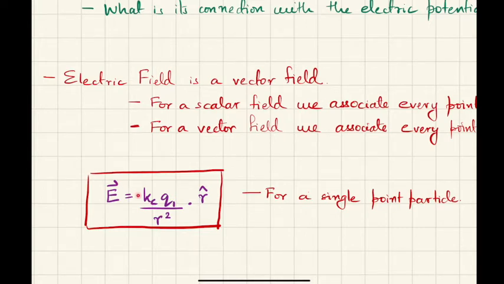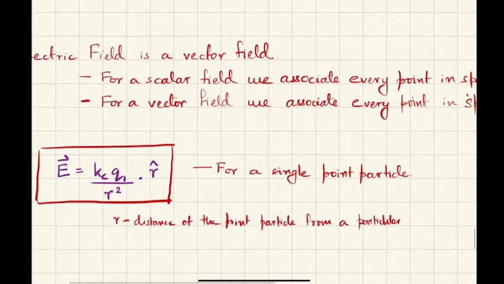And as usual, we have the Coulomb constant Kc, the charge of the point particle, and r here represents the distance of the point particle from a particular point or xy coordinate.